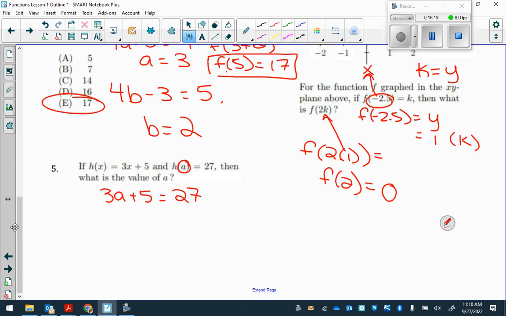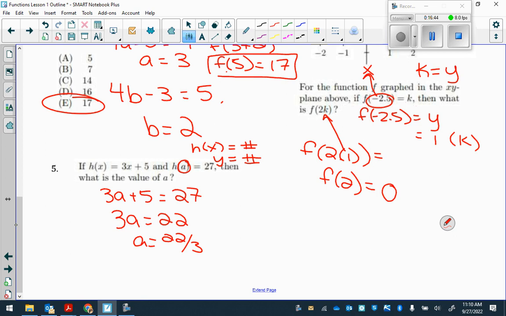So when you see H of X equals some number, that means Y equals that number. So now we solve. If you had 22 over 3 or 7 1/3, you're correct. Any questions?